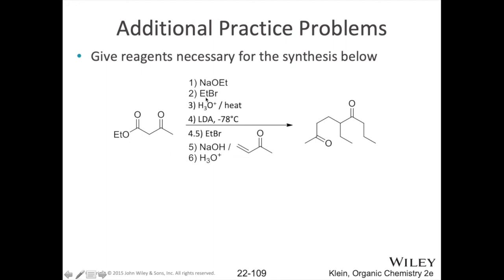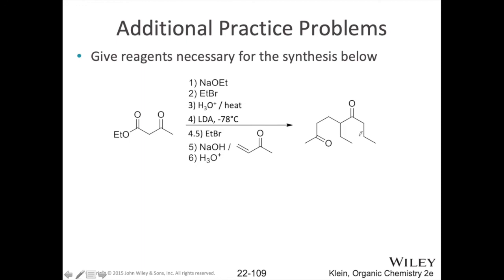Okay, and then hydrolyzing that to get rid of this as carbon dioxide. Now, notice that your terminal carbon here is not a methyl group like this, right? We've got another ethyl group tacked on here. So that's the reason for the second step over here. It's to add another ethyl group.